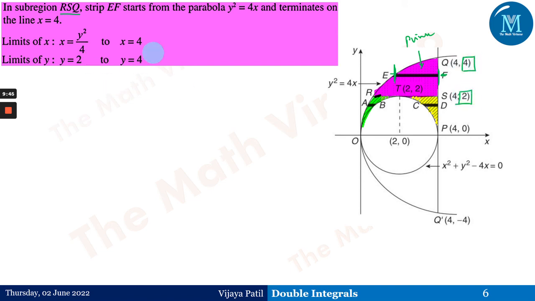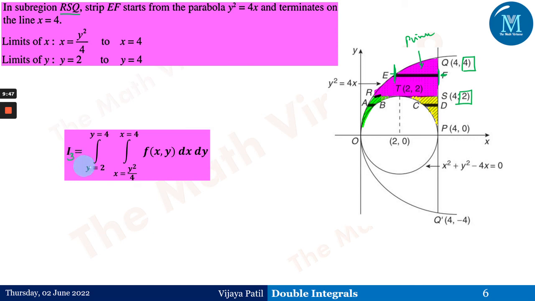This integral, say I3, can be written as integration y equals 2 to 4, integration from x equals y square by 4 to x equals 4, f of x comma y dx dy.